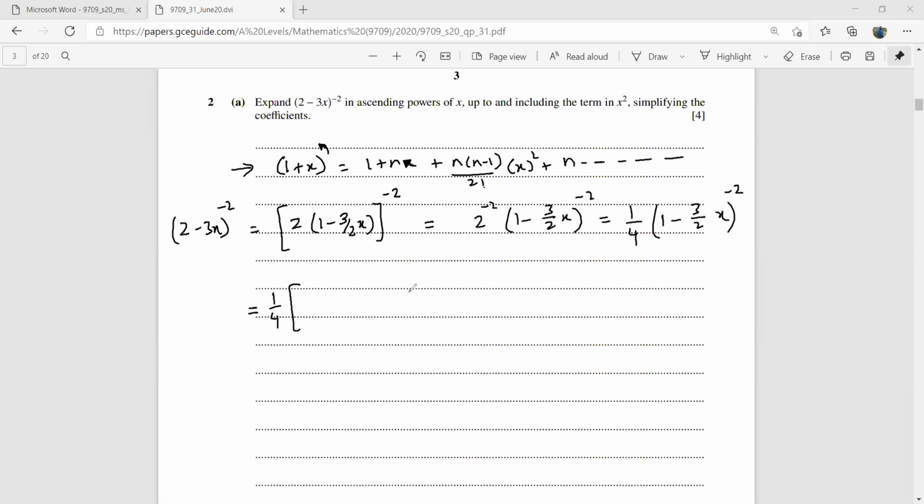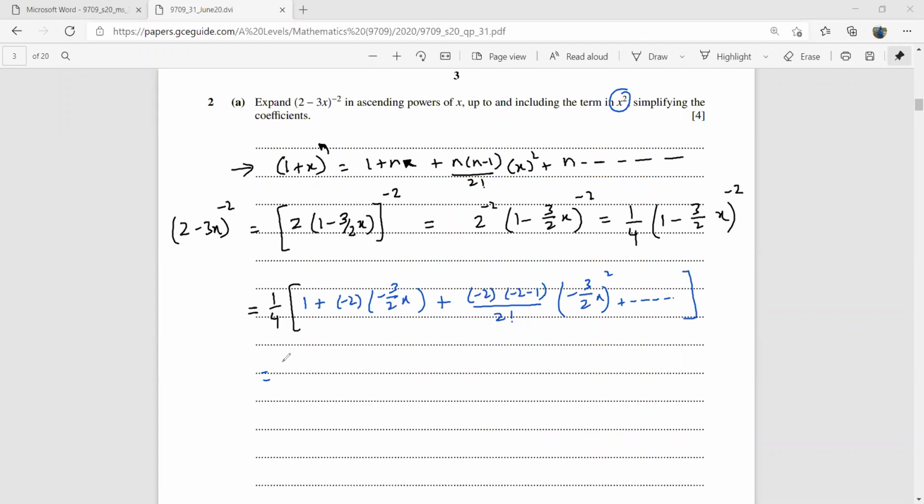So this is 1 over 4 into 1 plus n into x plus n into n minus 1 over 2 factorial into this x square. Since you have to write this up to x square, I'm just going to put the dots after this.